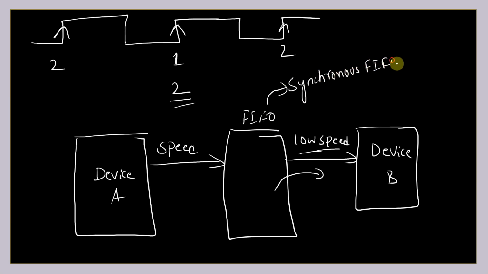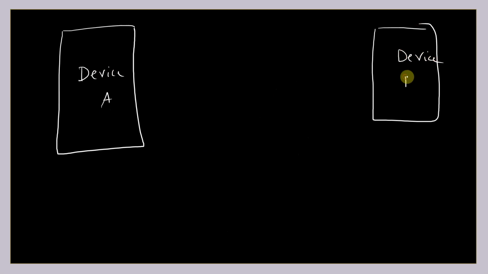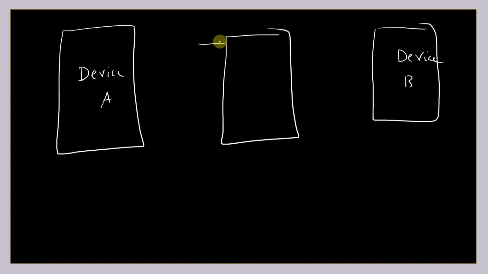Why is it a synchronous FIFO? Let us try to understand. We have a device A over here, and this is my device B. If we have learned about FIFO previously, then you might know that we have a clock and reset. What is this clock?